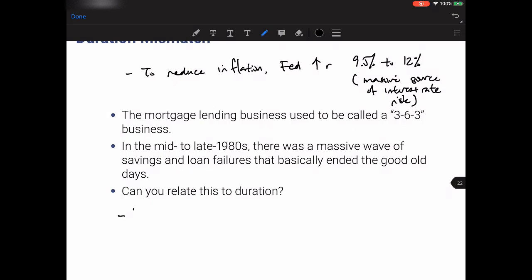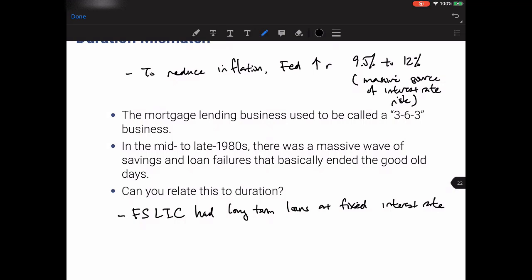Okay, you can imagine they are receiving payments at 6%.